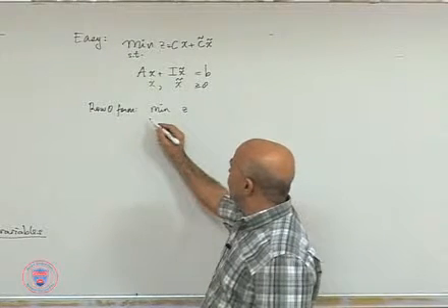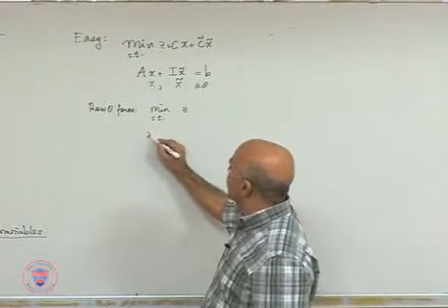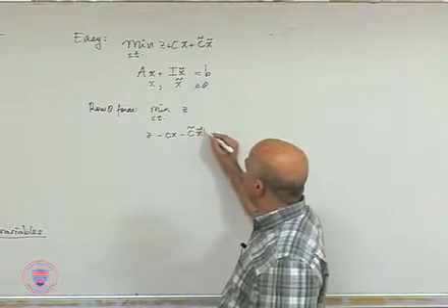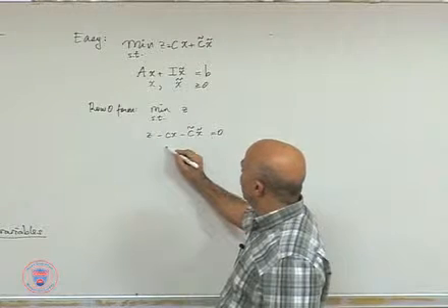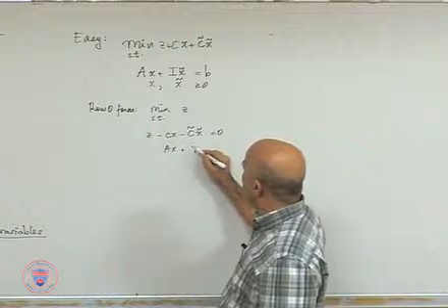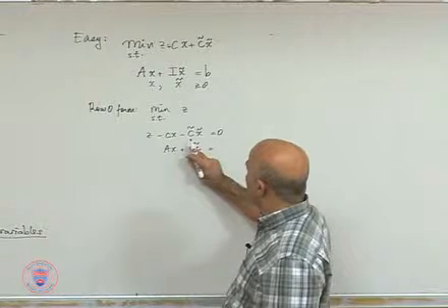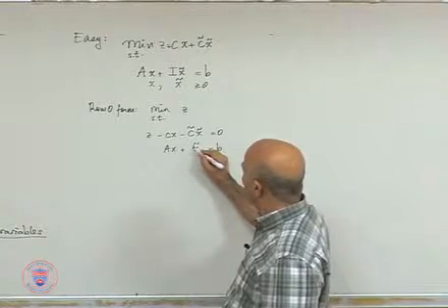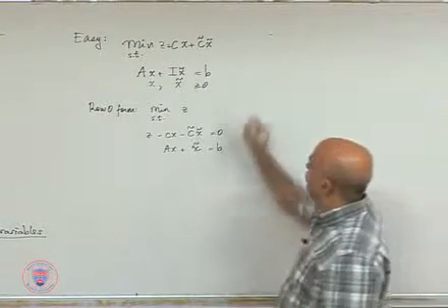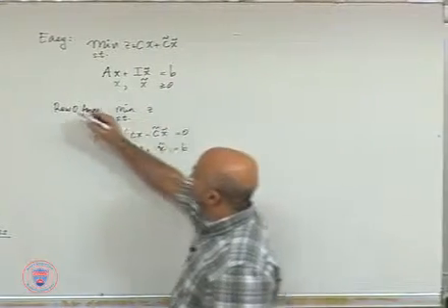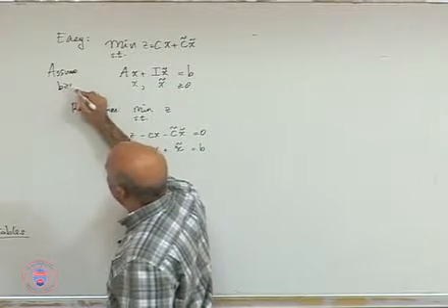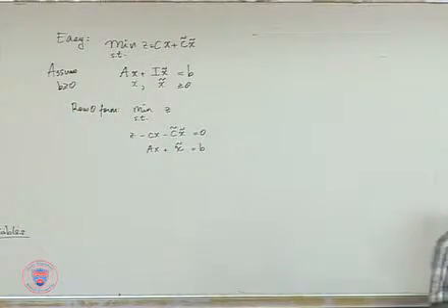Row 0 form will be minimization of z subject to z minus cx minus c tilde x tilde equals 0, with Ax plus identity x tilde equals b here. I'm assuming b is again non-negative. So let's make that assumption. Assume b is non-negative again. Otherwise, it won't work. Okay?